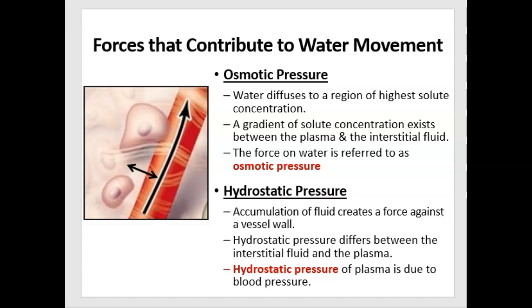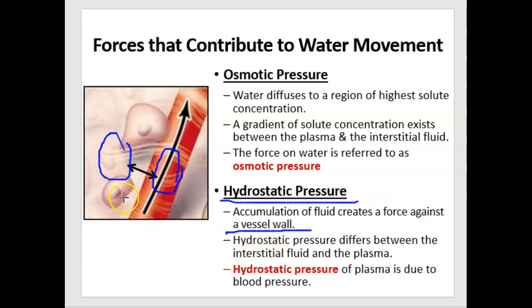Another force that contributes to water movement is hydrostatic pressure. And this is due to the accumulation of fluid in either location, inside the capillary or out in the interstitial space, that creates a force on the vessel wall.